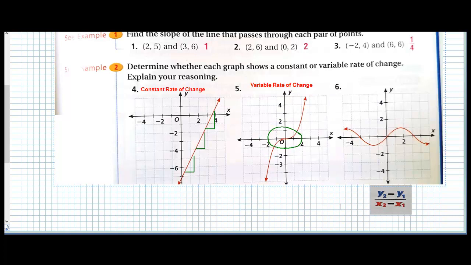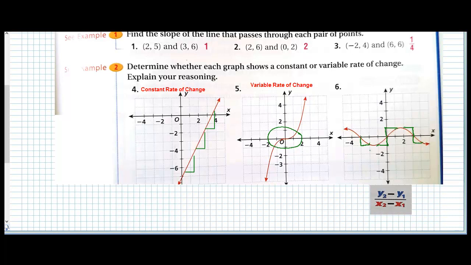We have the same here. In this part the rate of change is negative. This part the rate of change is positive. This part is different from this part. This is positive and here is negative, and then again this is negative.